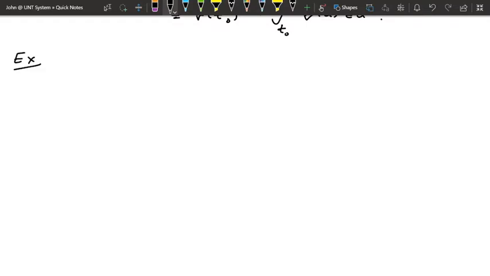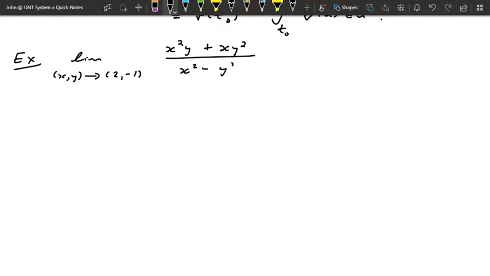All right, so for example, let's take the limit as (x,y) approaches (2,-1) of the function (x squared y plus x y squared) over (x squared minus y squared). All right, so this thing right here is like our function of two variables.